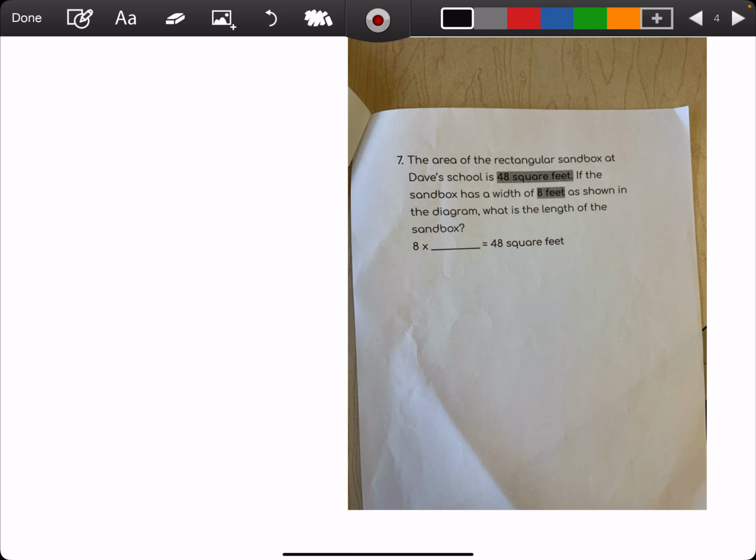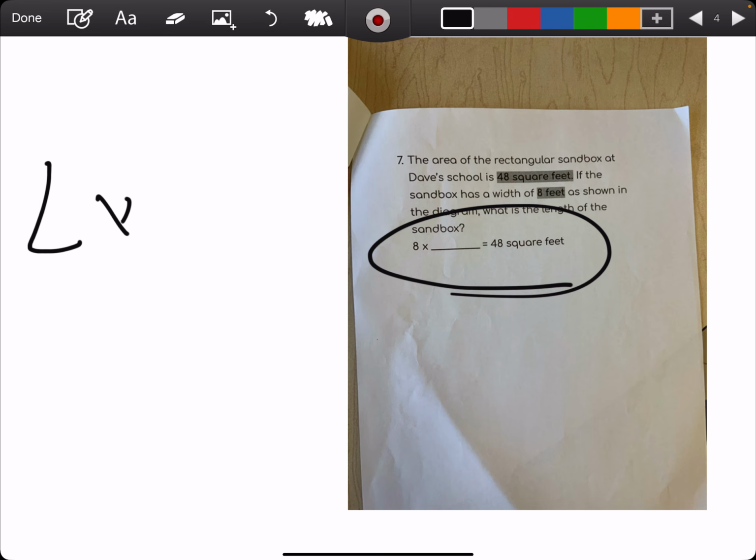Last question. The area of the rectangular sandbox at Dave's school is 48 square feet. If the sandbox has a width of 8 feet, as shown in the diagram, what is the length of the sandbox? So we're looking right here. 8 times what equals 48? Because we're doing length times width. Well, they gave us the width, which was 8.